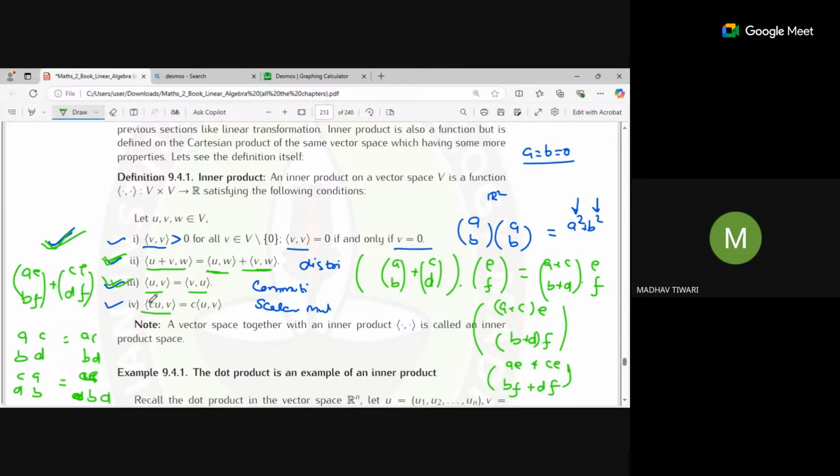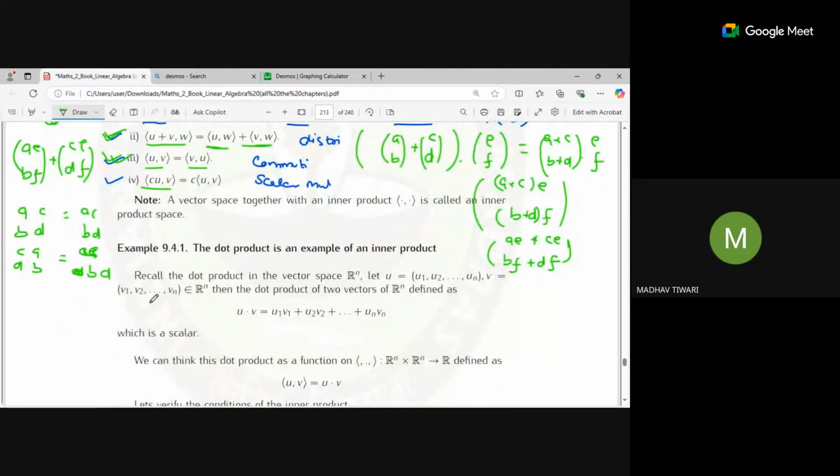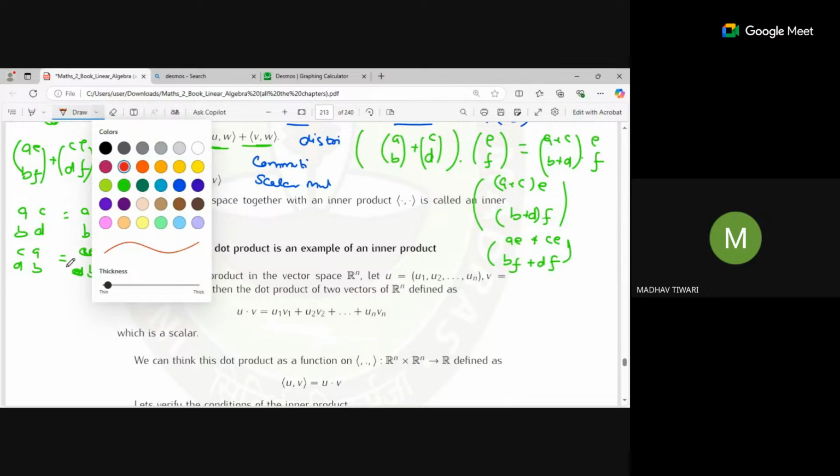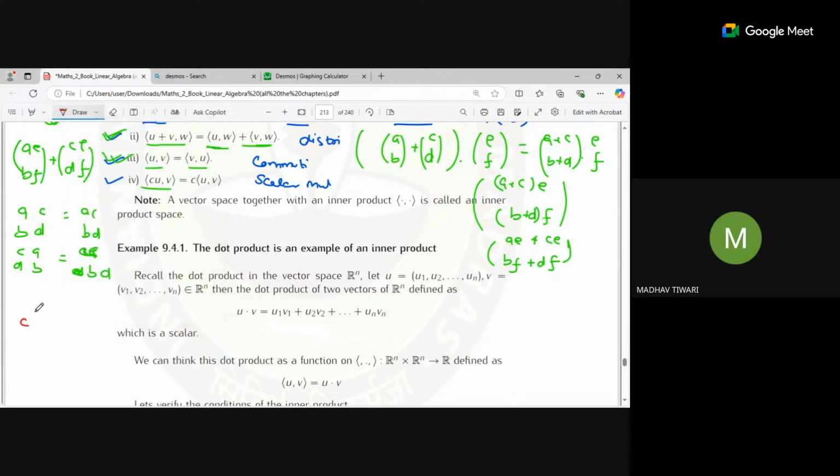Now this one. If you firstly multiply a vector by a scalar, then do the dot product. Let me use this. Let's say K times (A, B), and then do the dot product with (C, D). So K times, you multiplied it, it will be KA, KB, and when you did the dot product, you will get KAC and KBD.